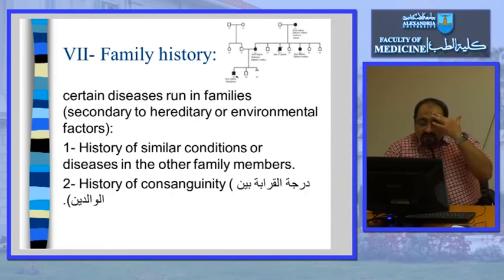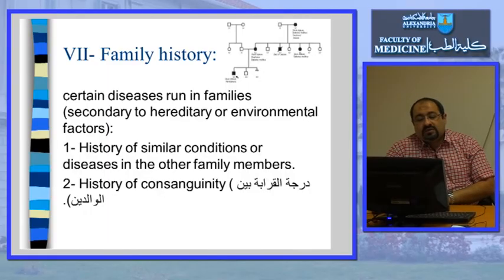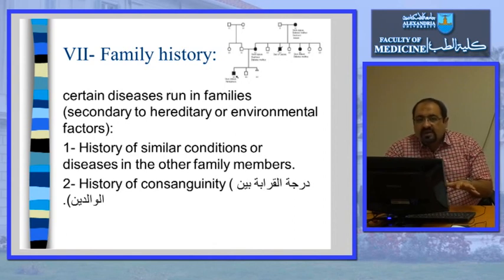Family history is important because certain diseases run in families, either due to environmental causes or due to hereditary factors. Certain families may have a certain disease because they are all living in the same area.